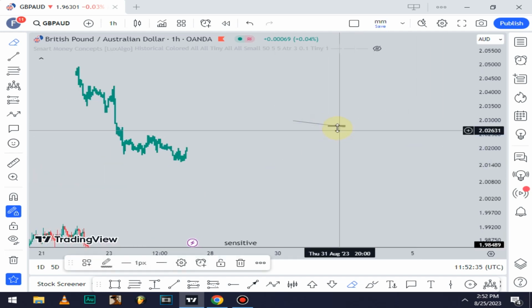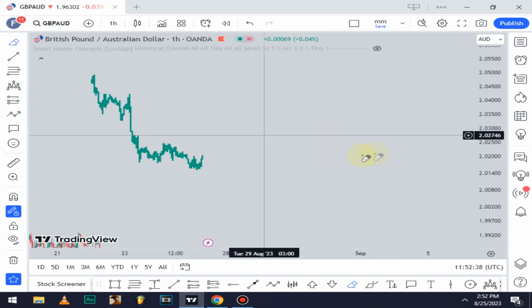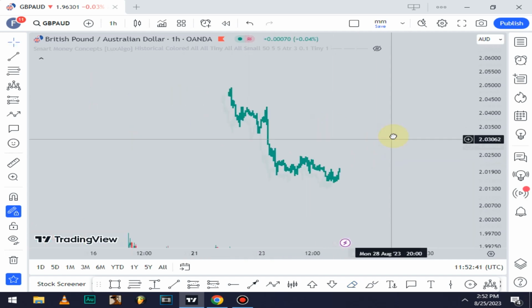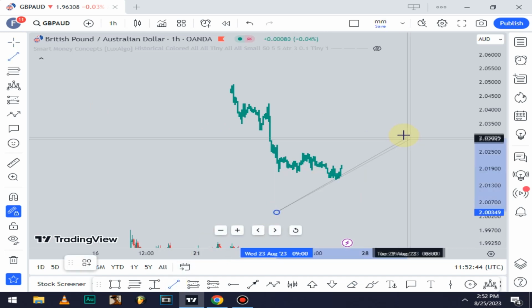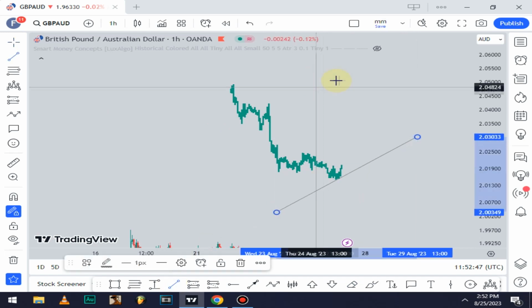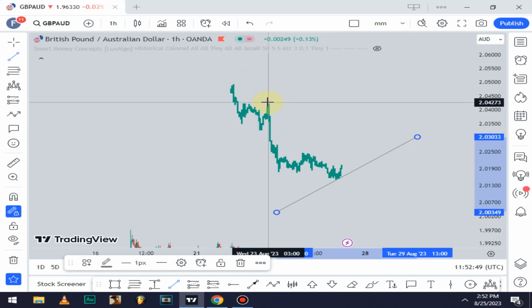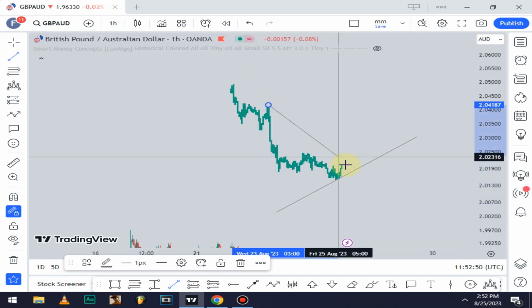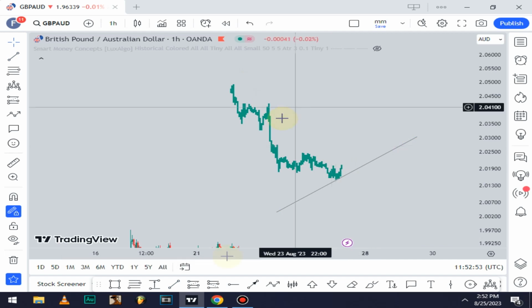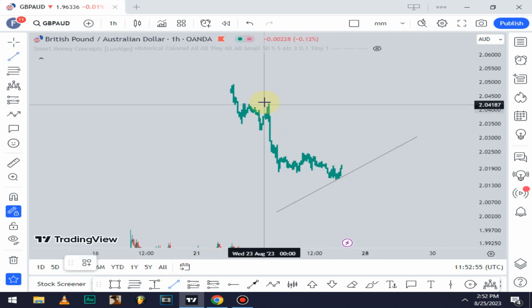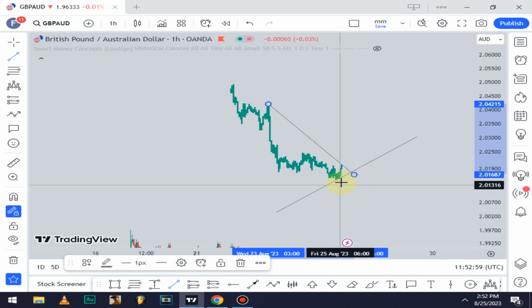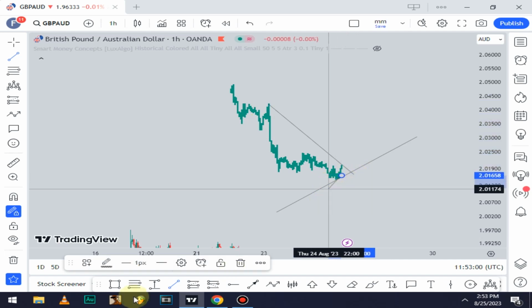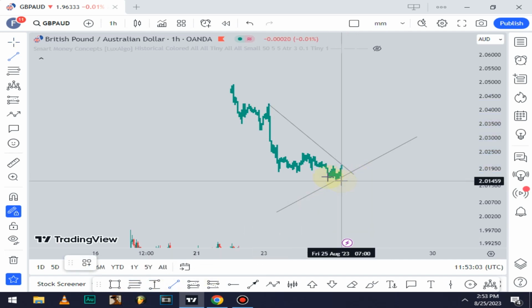All right, so this is what's up. Now let's make our support line like that. Understand, this is how the market approached our zone. I can do this either way, and I can also do this.